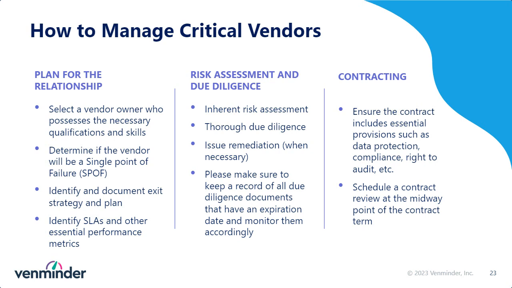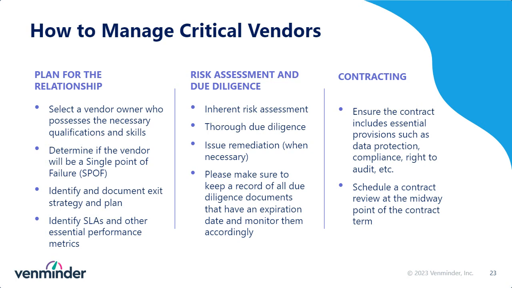And we should start during the planning stage creating a working plan of how to unwind that relationship if we need to. We also, during the planning stage, should be identifying the service level agreements and other essential performance metrics for that relationship.